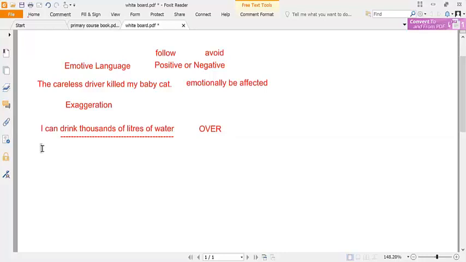If you say, for example, my brother is the hugest one ever, the word the hugest is exaggeration, because maybe there are other creatures or other humans who are huger than your brother.